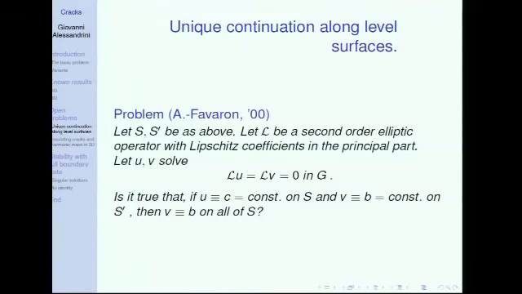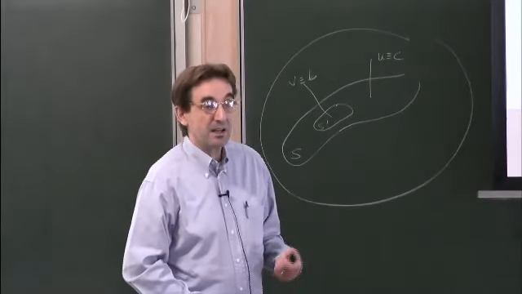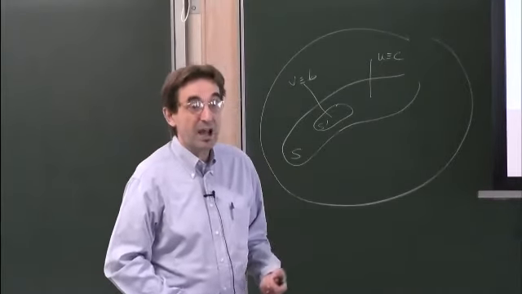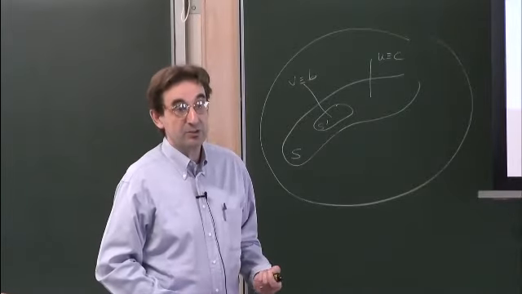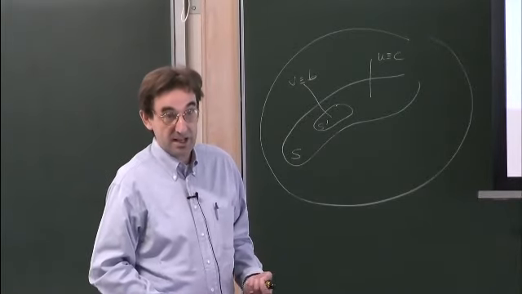Can we extend this type of result to solutions of an elliptic equation with variable coefficients, not necessarily analytic? So we have one elliptic operator. I assume here some regularity on the coefficients because I believe that at least the minimal assumptions in order to have the standard unique continuation for solutions would be necessary.